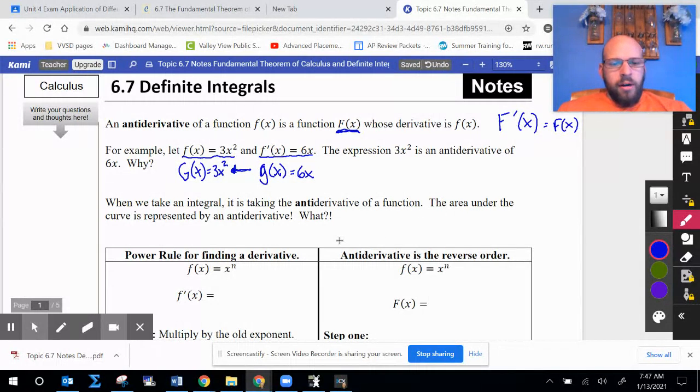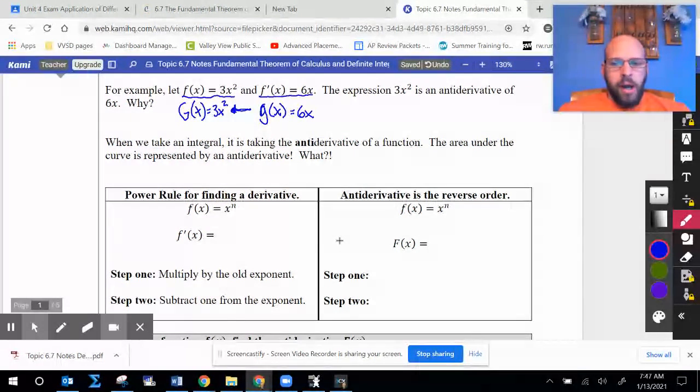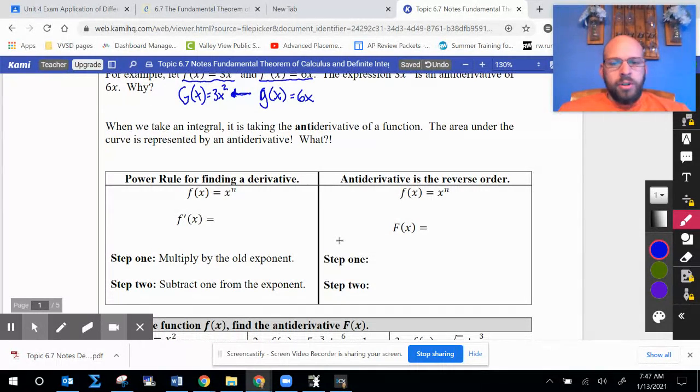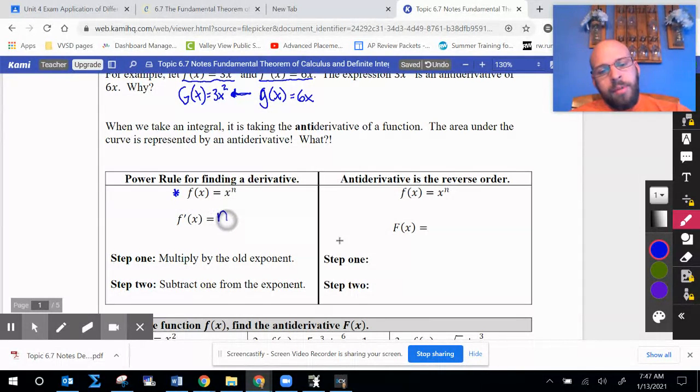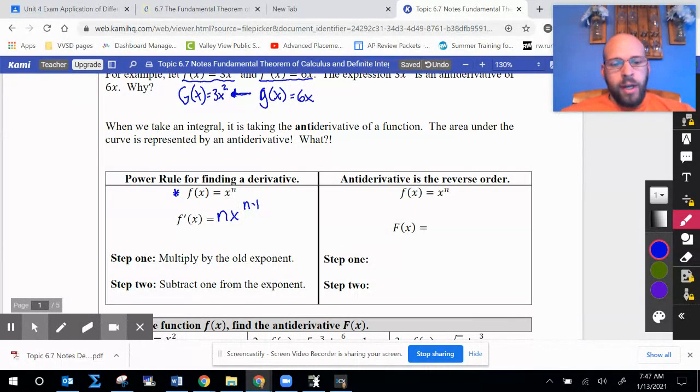So let's talk about how to do the integral of powers. Derivatives and antiderivatives, their names are very telling, are inverse operations of each other. So for the power rule, if I was given the function f of x equals x to the n power, for the derivative I would drop the power, and then I would lower the power by a full degree, subtract 1.